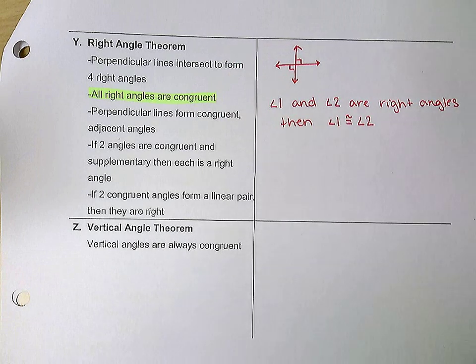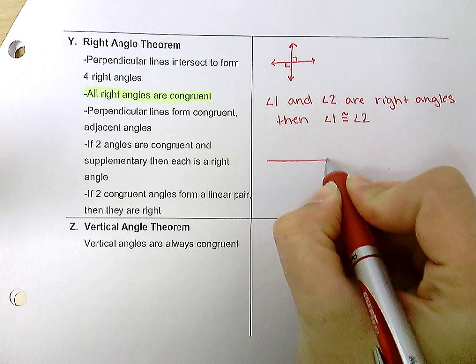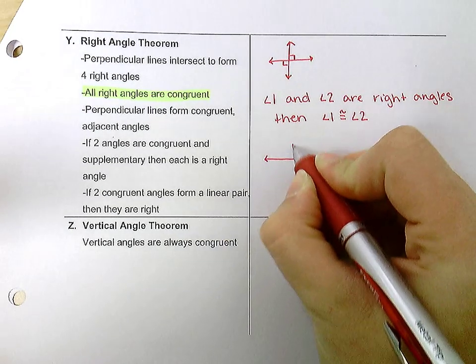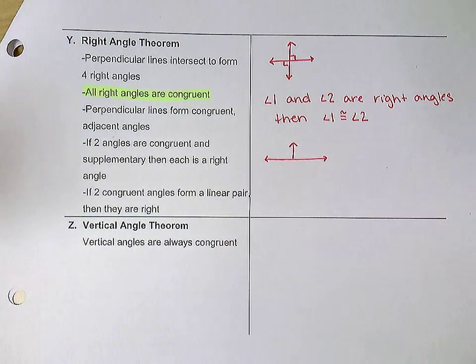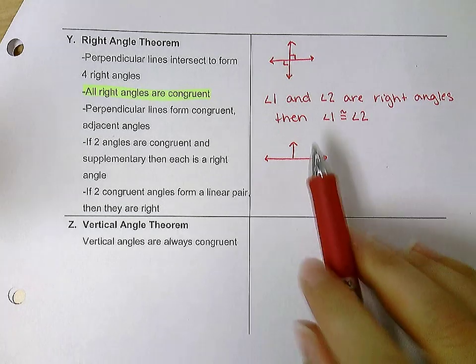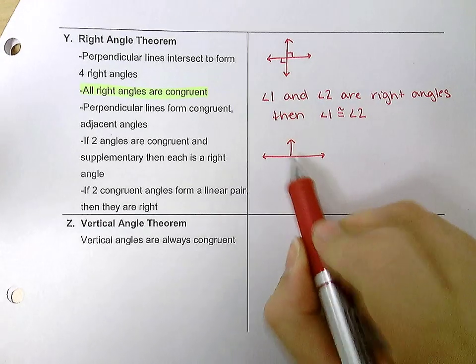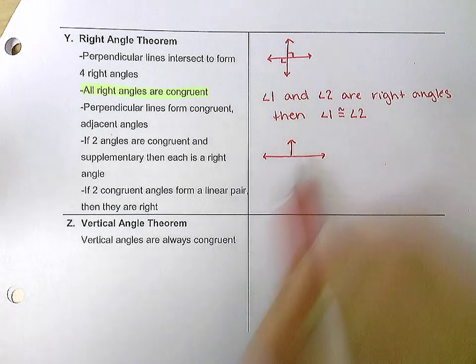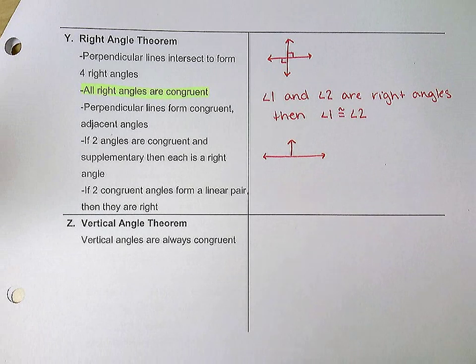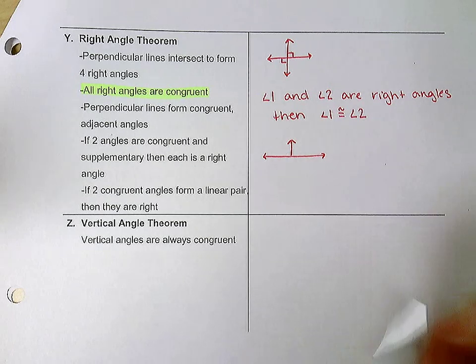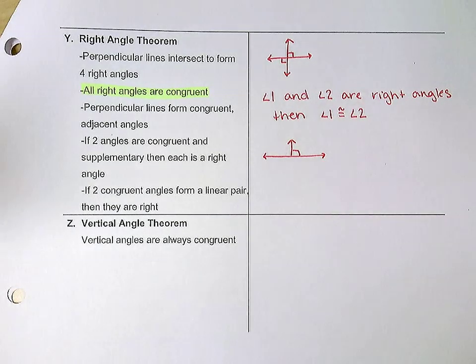If you have your line here, and these two angles are congruent, they both have to be 90 degrees because they form a line. The line is 180, split that in half, it has to be 90.